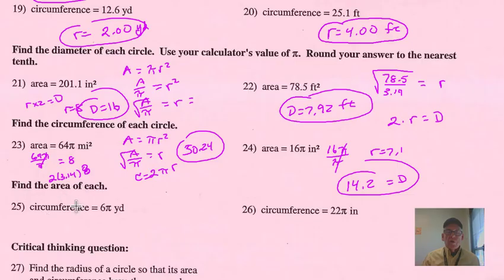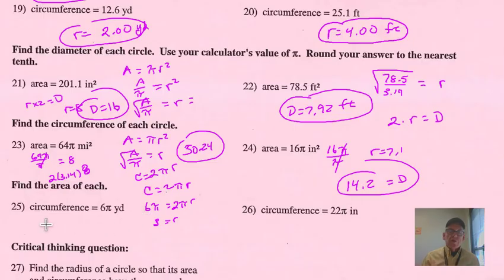Let's look at, here we want to find the area. So from circumference, we're going to get the radius, and then we're going to use the formula. So circumference is 2 pi r. The circumference is 6 pi. 6 pi equals 2 pi r. Divide both sides by 2 pi, we get 3 equals r. So r is equal to 3.